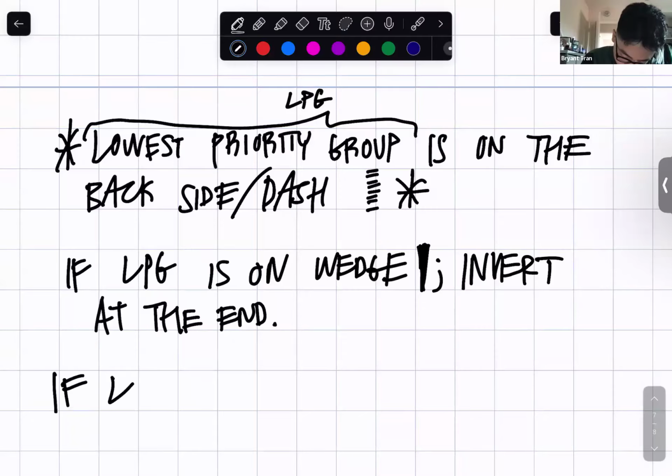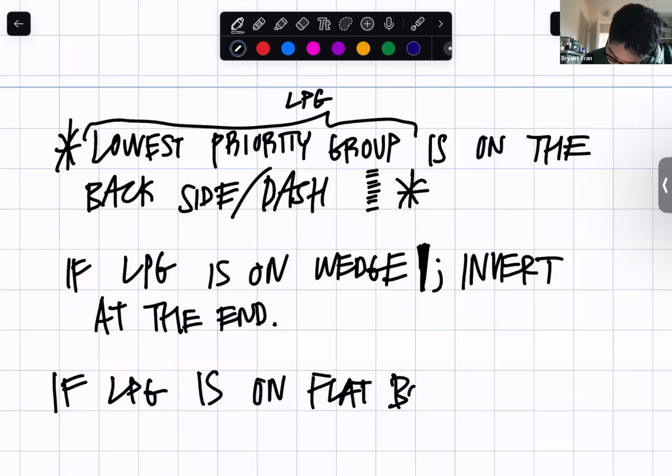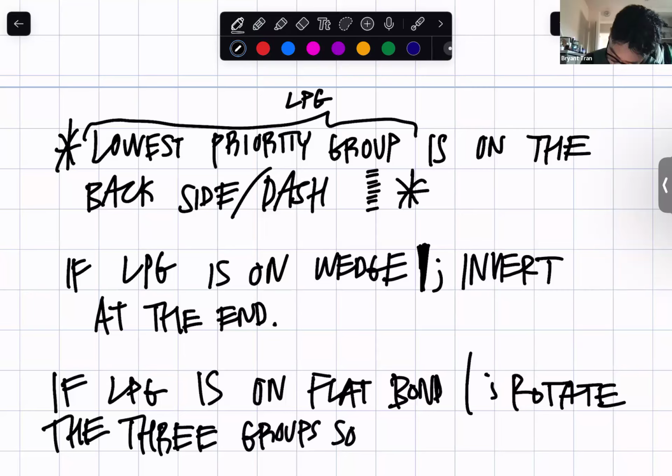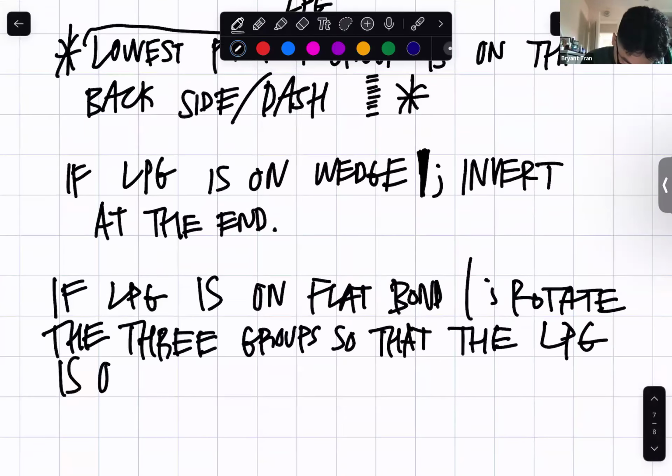If the LPG, lowest priority group, is on a flat bond, like this, rotate the three groups, any three groups, keeping one group still, so that the LPG, lowest priority group, is on the back.